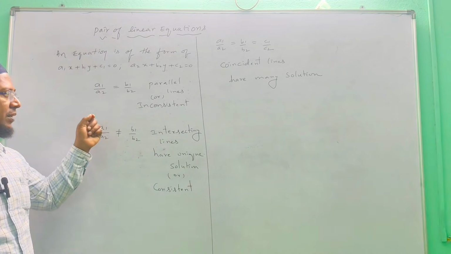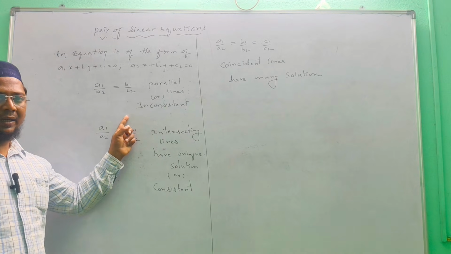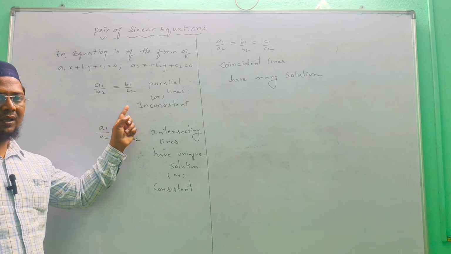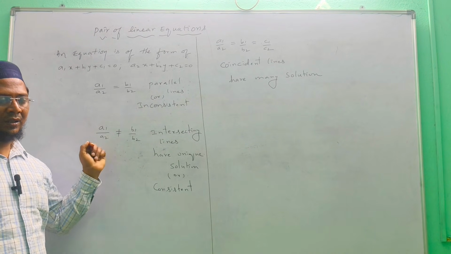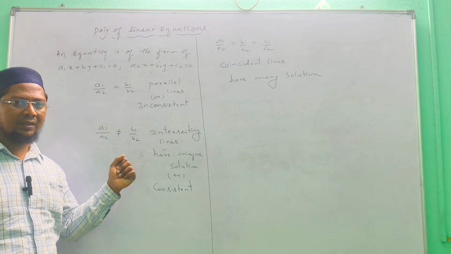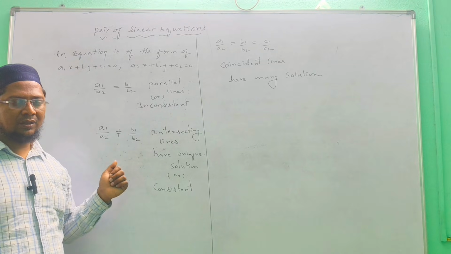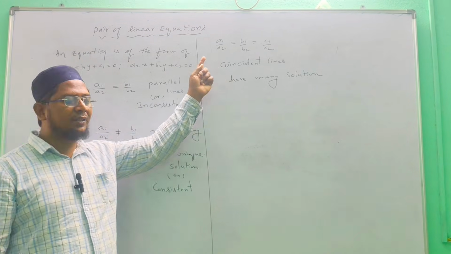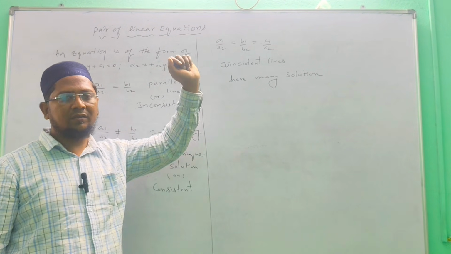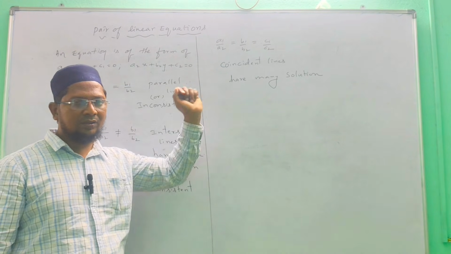If a1 upon a2 equal to b1 upon b2, we say that parallel lines and inconsistent, no solution. If a1 upon a2 is not equal to b1 upon b2, we say that intersecting lines have unique solution. And if a1 upon a2 equal to b1 upon b2 equal to c1 upon c2, coincident lines have many solutions.